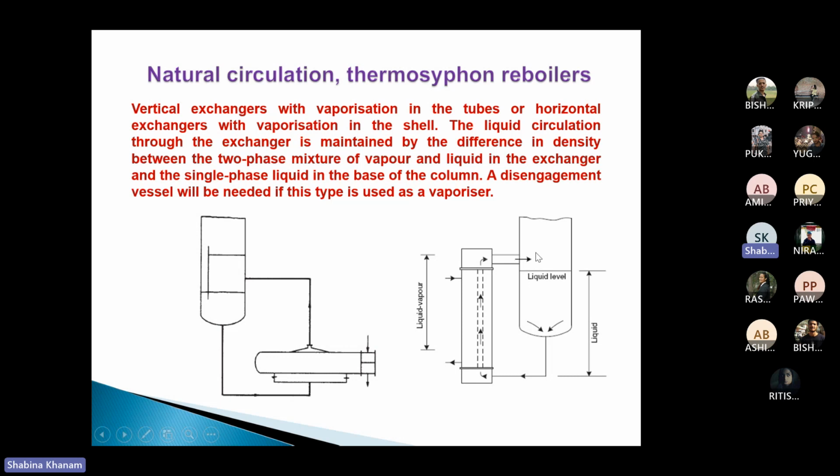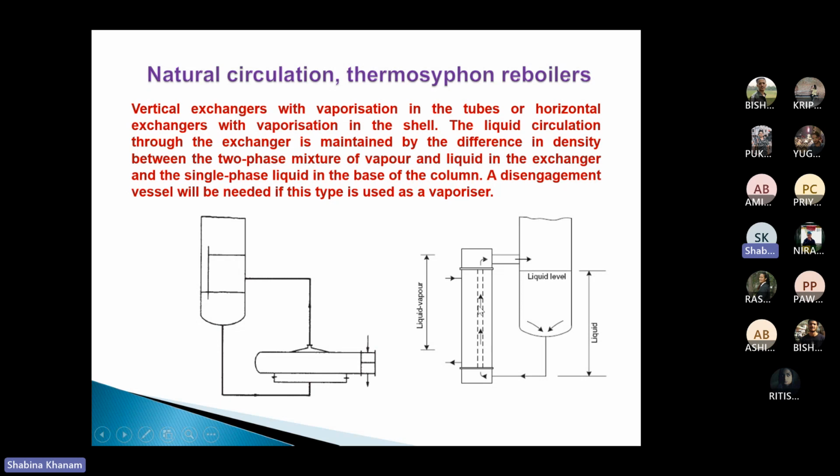In this case, no vapor-liquid separation space is provided, as we have the advantage in the kettle reboiler. Here the mixture enters the distillation column and the separation occurs there: vapor moves up, and liquid will be collected over here. So the circulation is natural, because when the feed enters, it is pure liquid, so density would be higher.